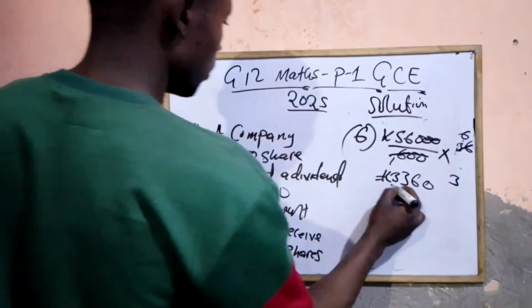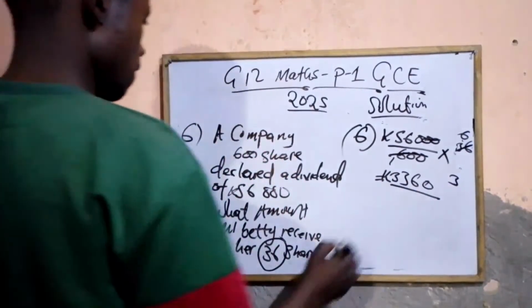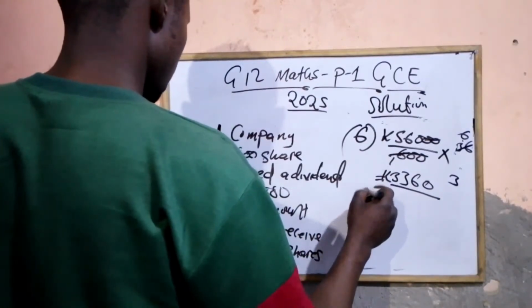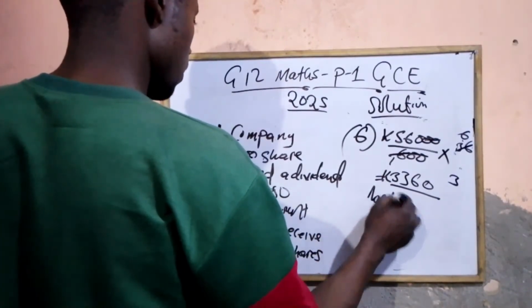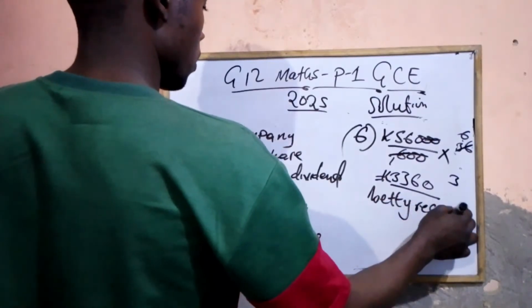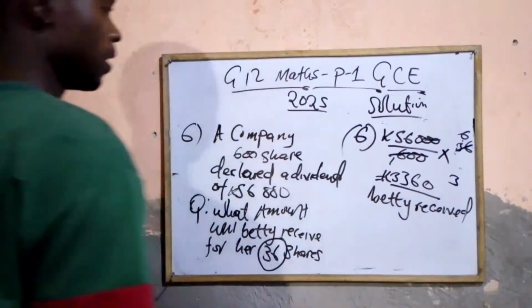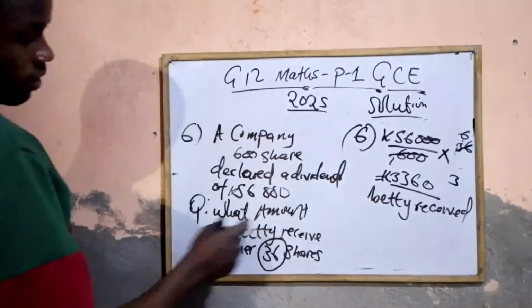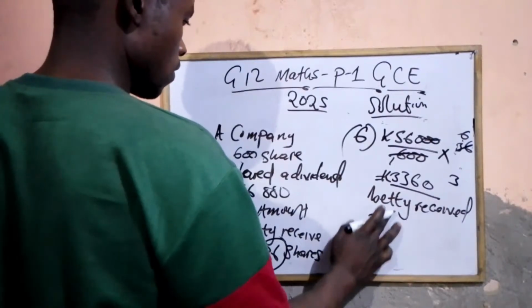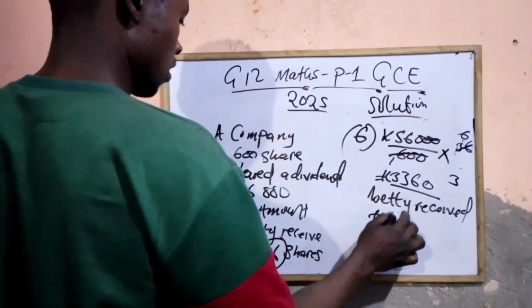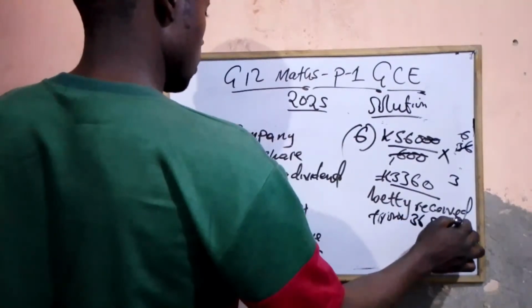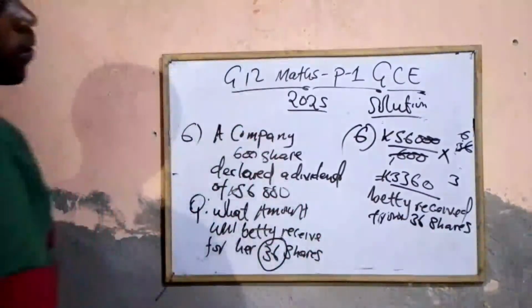So this is the amount of money which Bet received from 36 shares.